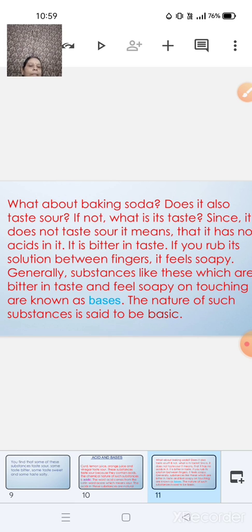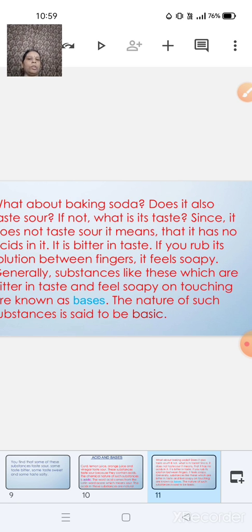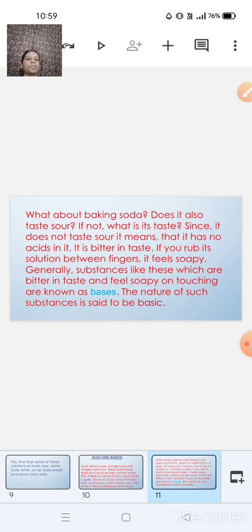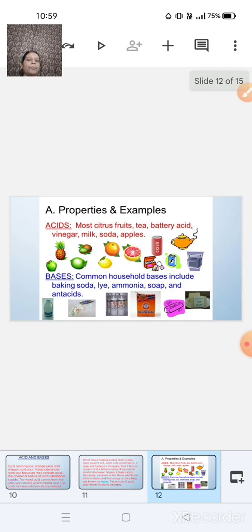Generally, substances like these, which are bitter in taste and give a soapy touch when felt between the fingers, are known as bases. The nature of these substances is said to be basic. So I hope children, you have understood acids and bases, and you now have an idea of what acids and bases are.